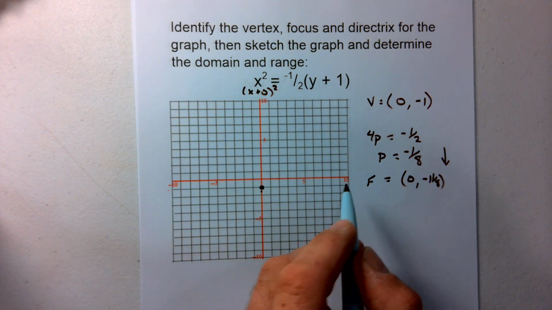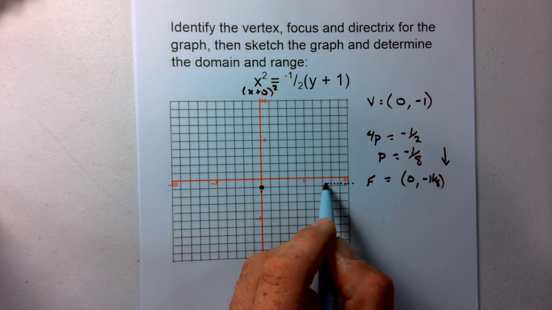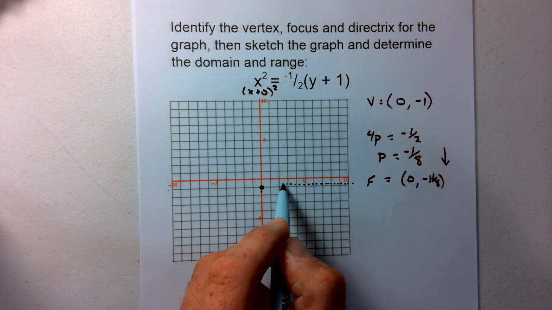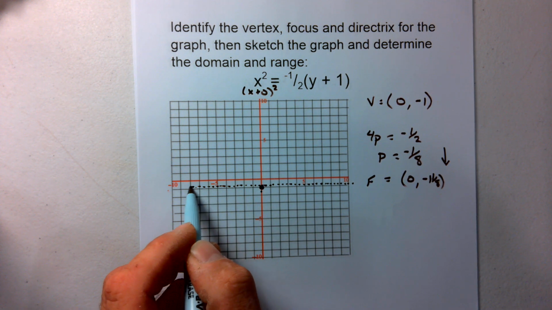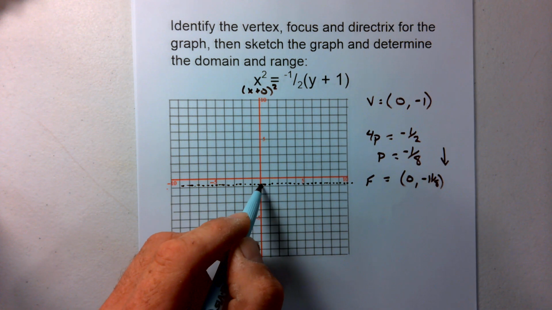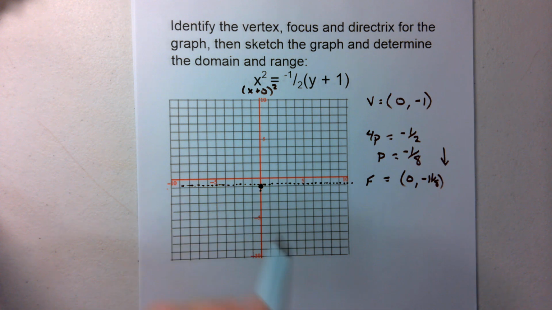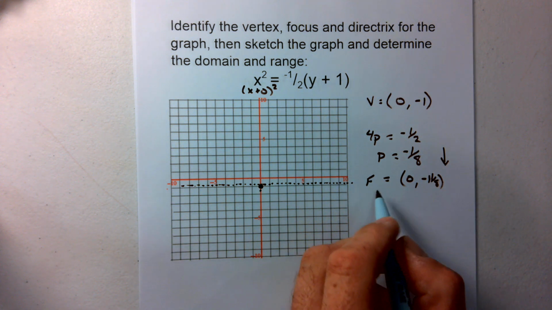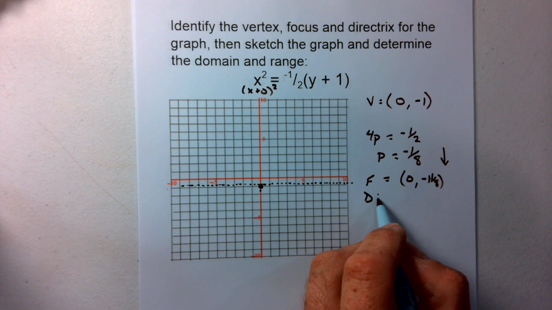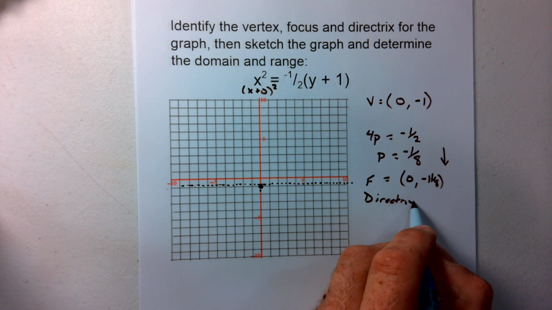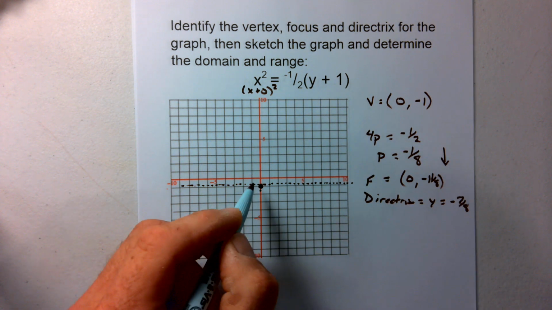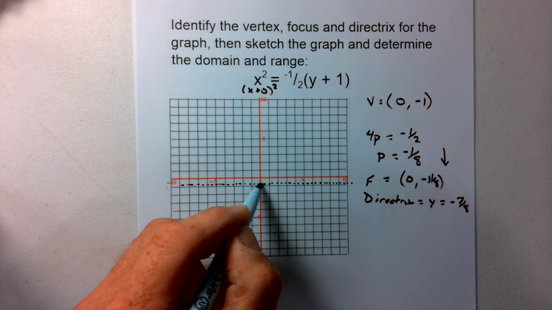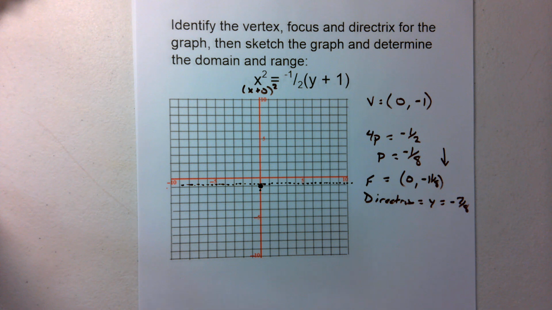My directrix, sorry, is going to be 1/8 above that. We'll never cross the directrix as we graph our parabola. So if our focus is below, our directrix has to be above. If our p-value is negative, the focus is going to be below the vertex. So our directrix in this case is going to have the equation y equals negative 7/8, because we're at negative 1, add 1/8 to it, gives us negative 7/8.